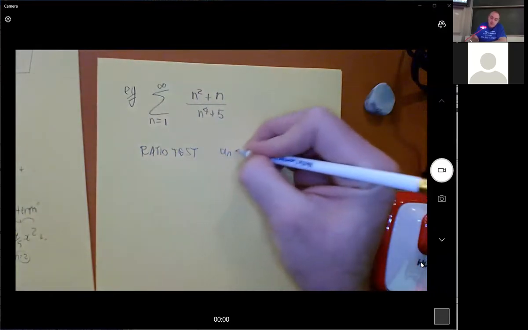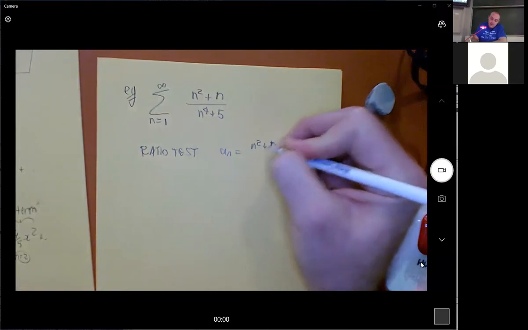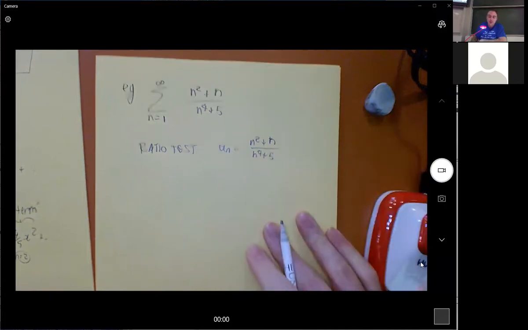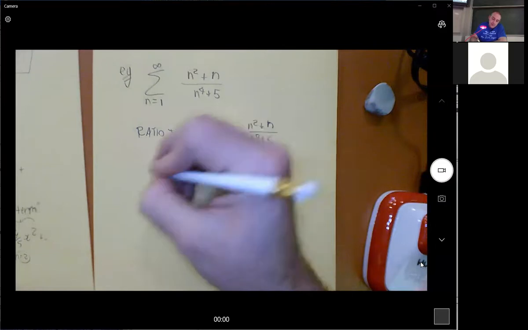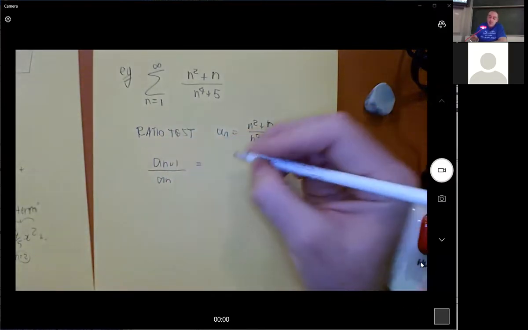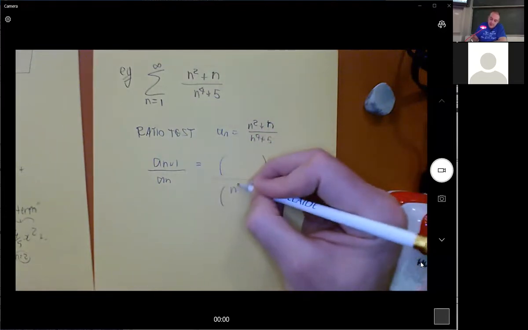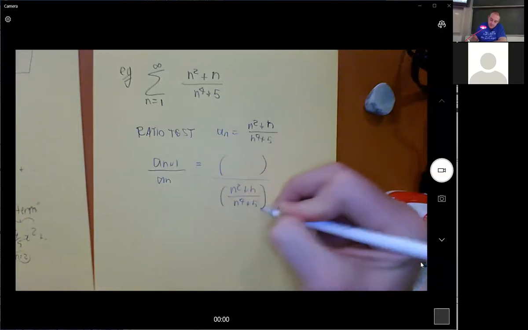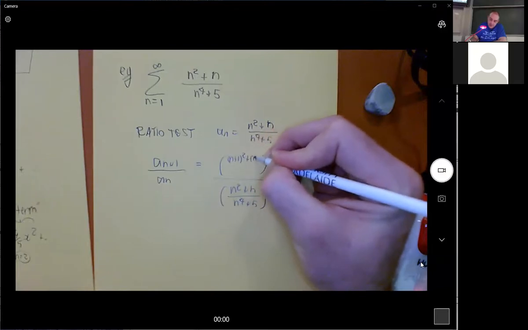I know that a_n is going to be this. So if I do a_(n+1) divided by a_n, this is a_n here, and a_(n+1) is n plus 1 in those positions.